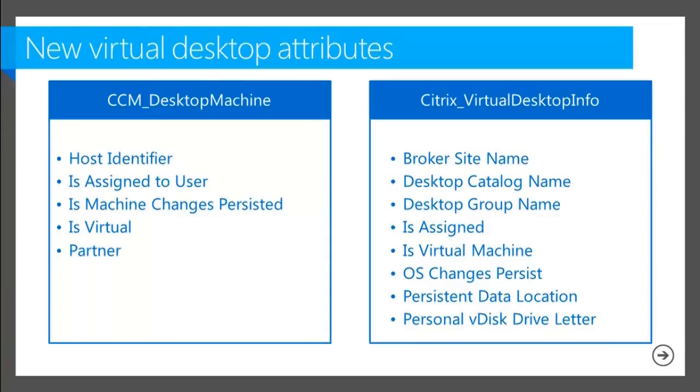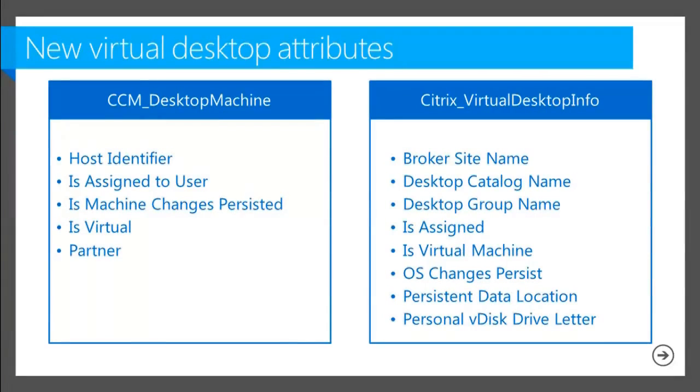This OS changes persist flag helps you identify which machines are operating in that shared image mode versus having their own OS image that you can patch directly. And then the last two attributes give you some data as to where, for these shared image machines, the persistent data that those machines are saving is located.